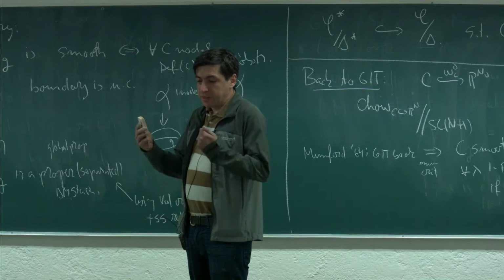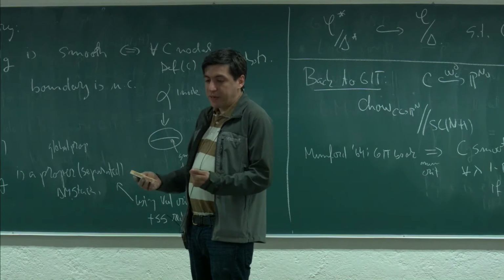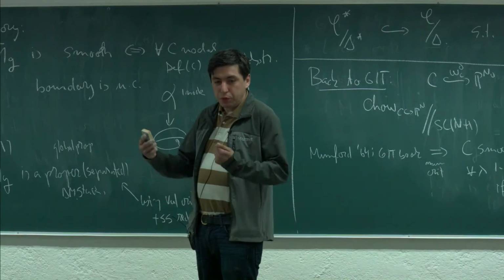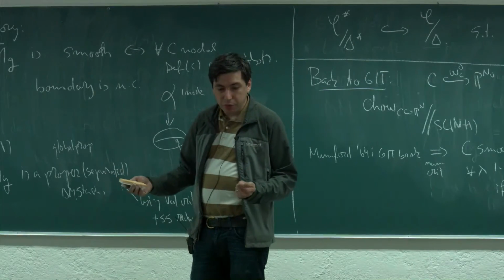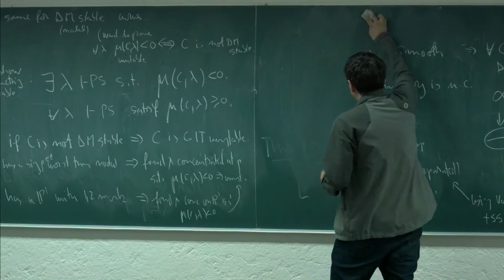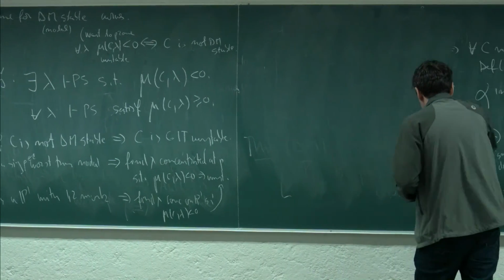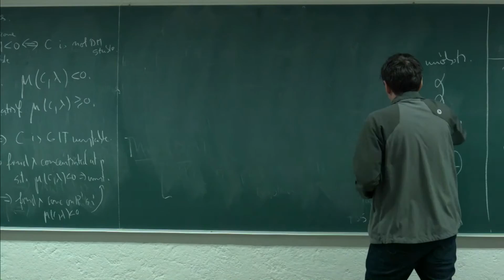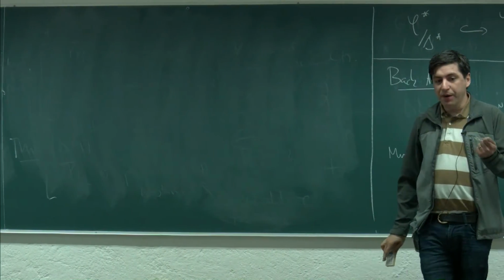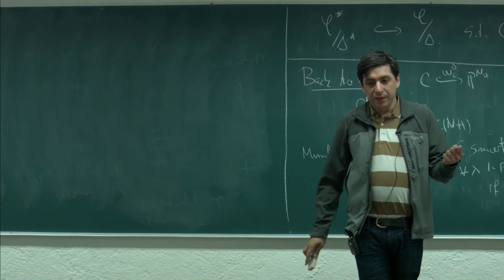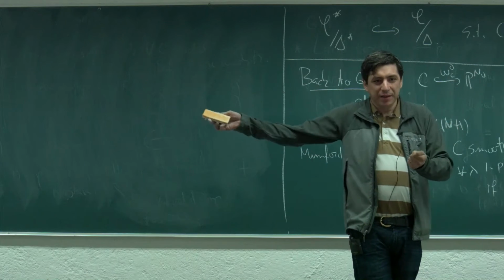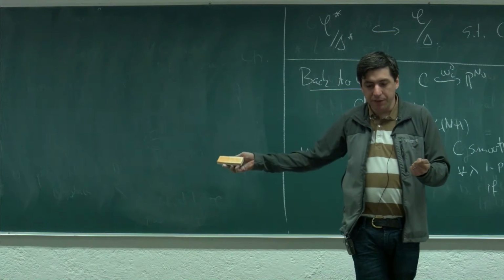Anyway, the upshot is that if you have something that's not Deligne-Mumford stable, then it's easy geometrically to produce one parameter subgroups that destabilize the situation, so you conclude they are not semi-stable. The hard part is to say that if I have a Deligne-Mumford stable thing, then for any one parameter subgroup the numerical criterion would be positive.